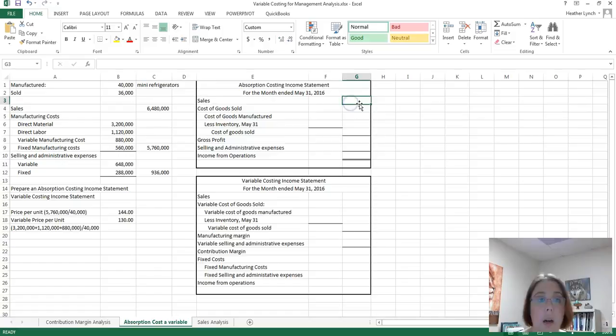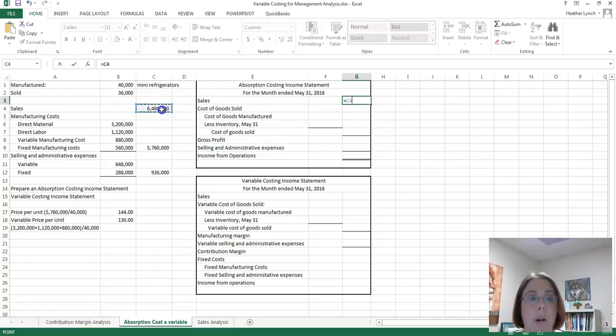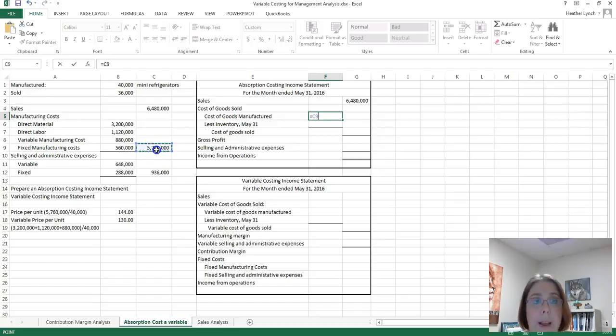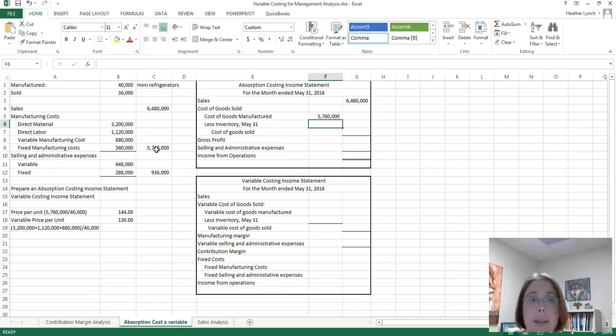So we come over here, well, sales are equal to that 6,480,000. Your cost of goods manufactured for the absorption is your manufacturing cost. To figure out the less inventory May 31st, this is where that 144,000 comes into it.